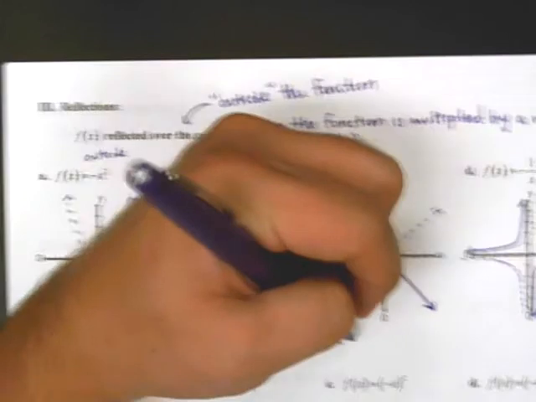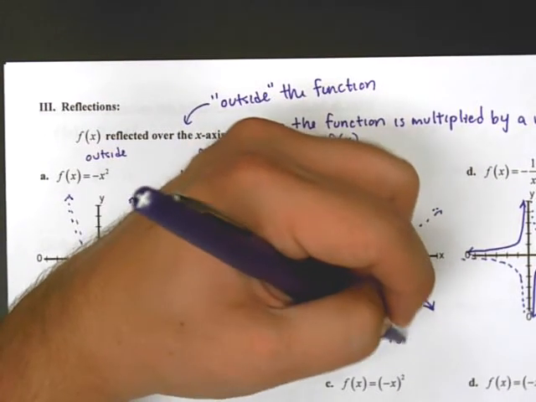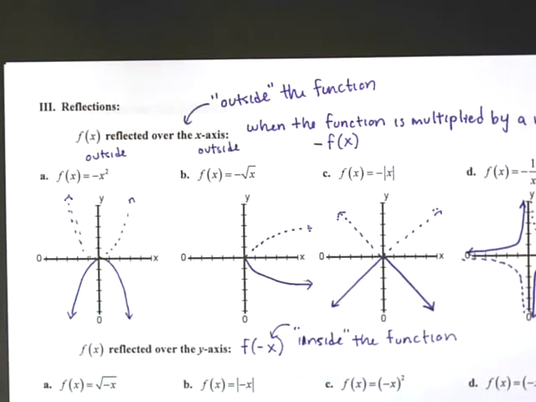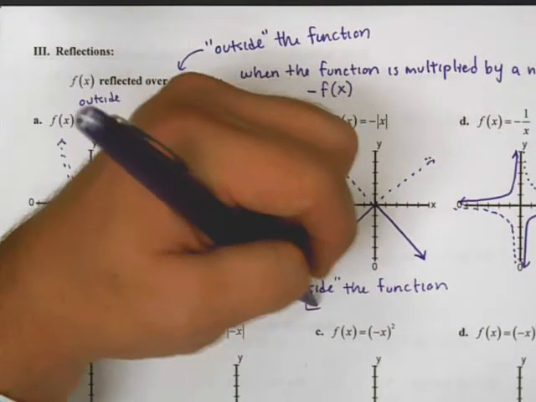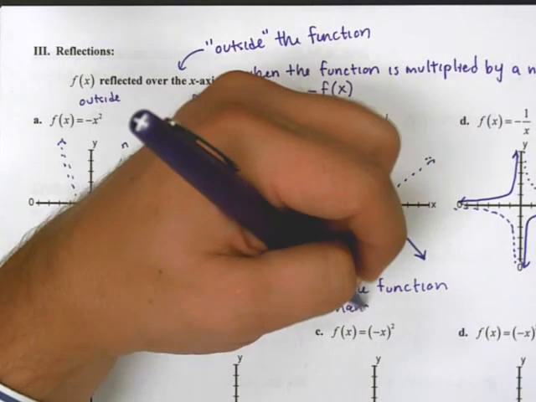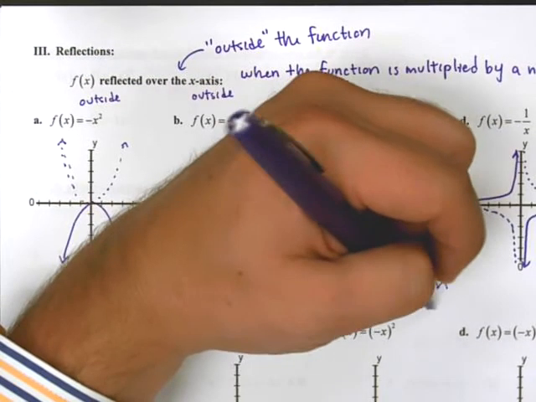Inside the function. And what did we say on the page before? Anything that is inside the function will have to change x values. Change it horizontally. If it's inside, it changes horizontally.